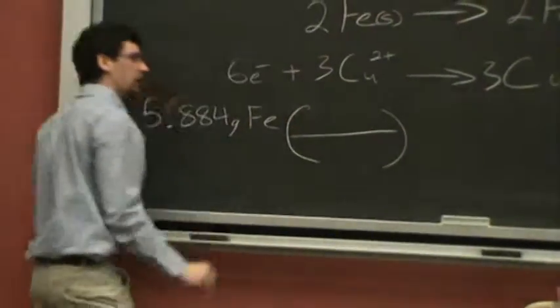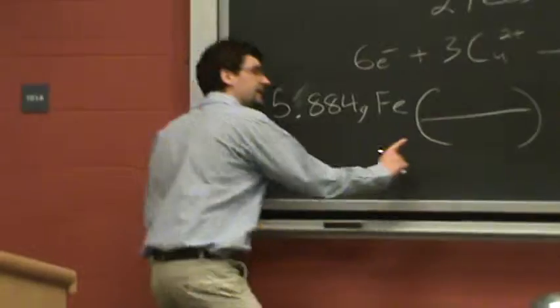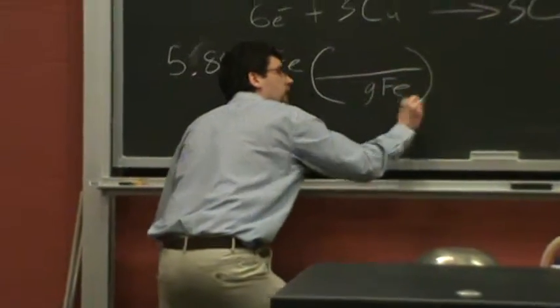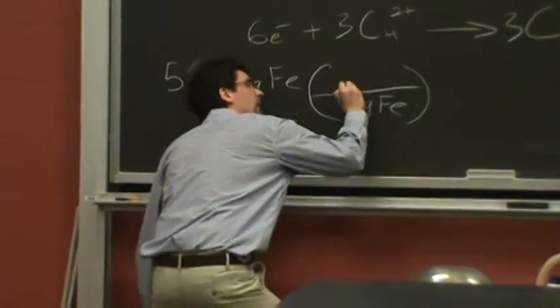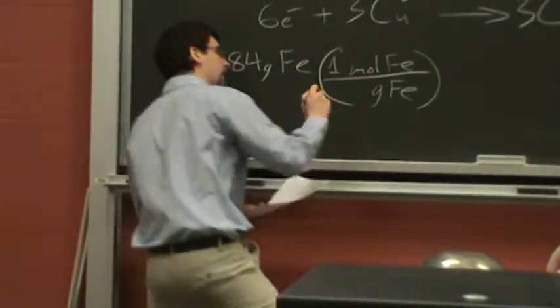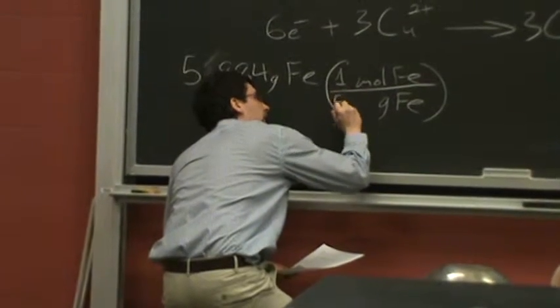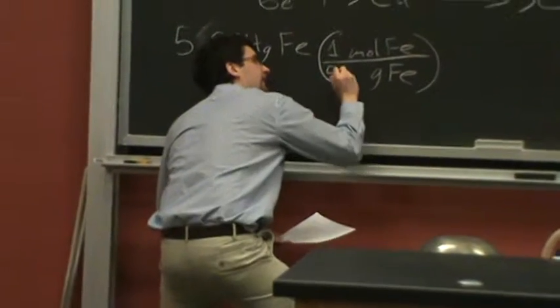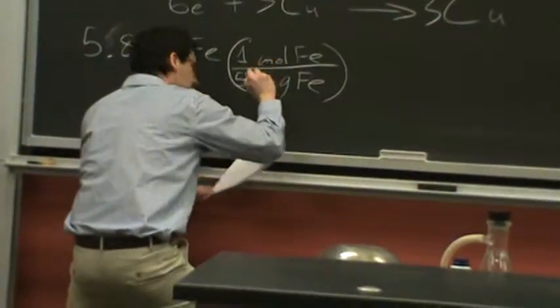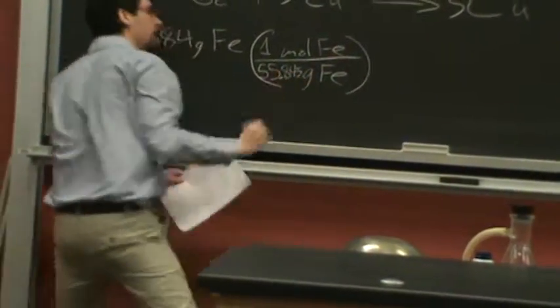We need to do some sort of manipulation to it. What unit has to go in this denominator? Yep, grams of iron. What's going to go up top? Yep, moles of iron. For every 1 mole of iron, how many grams are there? 55.845, right?